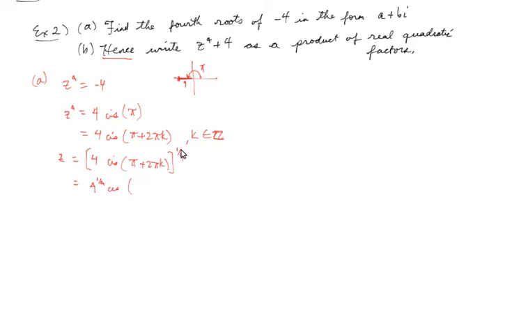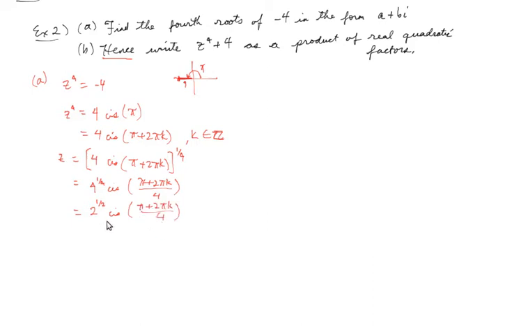The angle is multiplied by the exponent, so I get pi plus 2 pi k all over 4. And 4 to the 1/4 simplifies to 2 to the 1/2 power, which is just root 2 cis of pi plus 2 pi k all over 4.